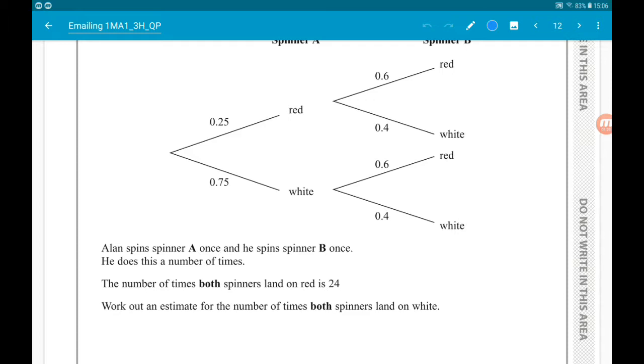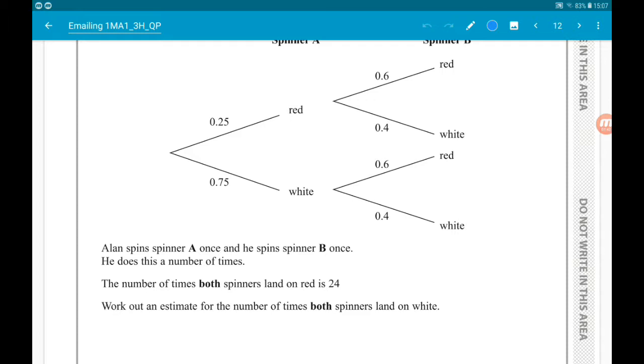Okay, so the number of times both spinners land on red is 24. So what we can do is work out first of all the probability that both spinners land on red.